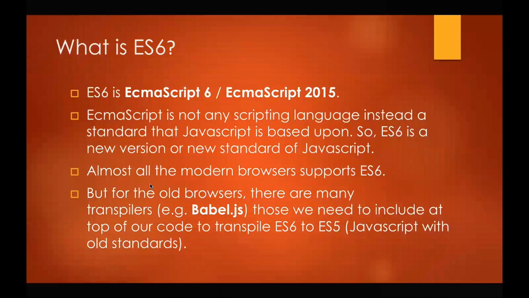So with this slide we came to know what ES6 is, and if some old browsers are not supporting ES6, then we can transpile the code from ES6 to ES5, that is the lowest version of ECMAScript, ECMAScript 5, which is supported by all browsers. After that it is understood by all browsers.